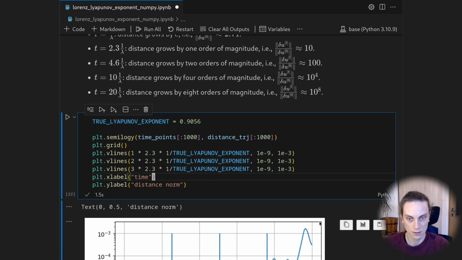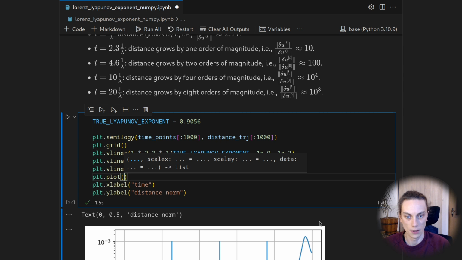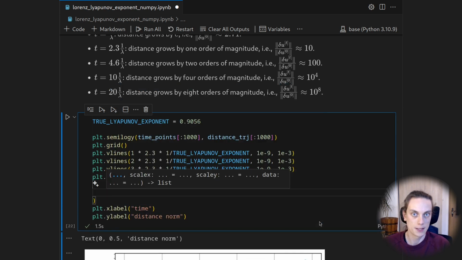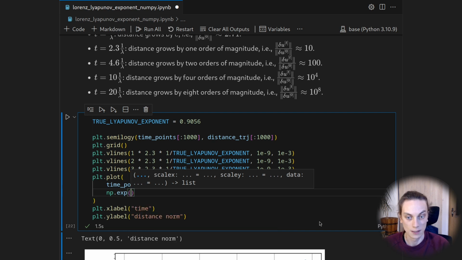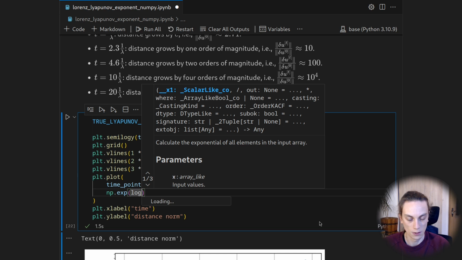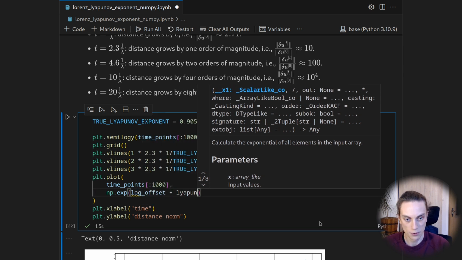So let's draw that in and say plt.plot on the time points indexed up until 1000, and then essentially we will plot the linear curve, or precisely the exponential, which will then appear as a linear curve, by saying numpy.exp on the logarithmic offset plus the Lyapunov exponent.